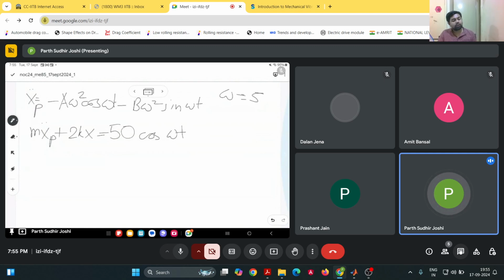Now we can substitute this in the differential equation and then compare the coefficients.